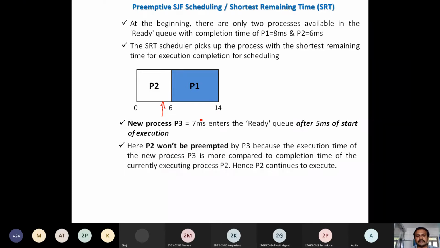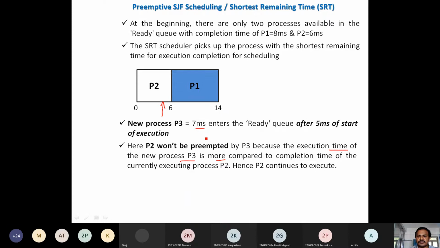Yes, here P2 won't be preempted, because the execution time of the new process P3 is more. P3 is having 7 milliseconds. So what is the time left for P2?